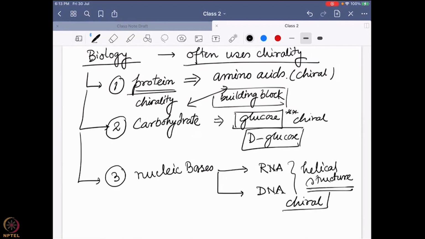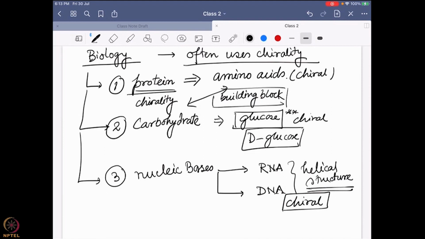For example, the most famous one, the double helix system that was discovered by Watson and Crick, which actually fetched them the Nobel Prize, that is also a chiral molecule. So chirality is present all around biology, from the protein to carbohydrate to nucleic bases. And all this chirality, what is the role of this?